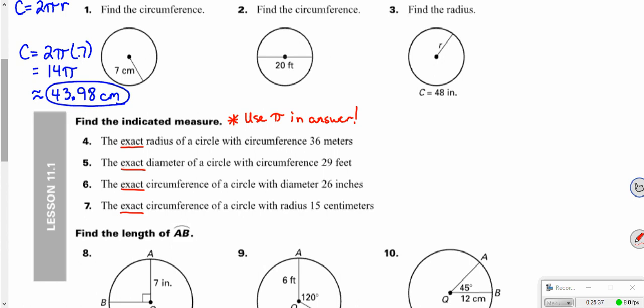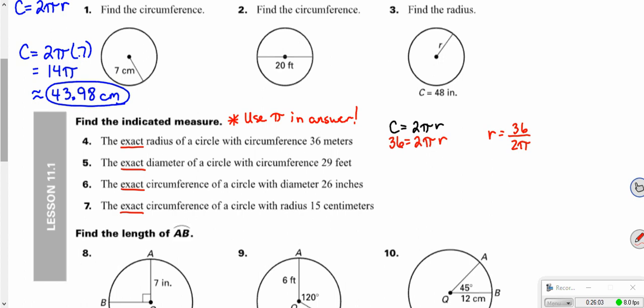Now again, circumference equals 2 pi r. So for us, that is 36 equals 2 pi r. That means that r equals 36 divided by 2 pi.